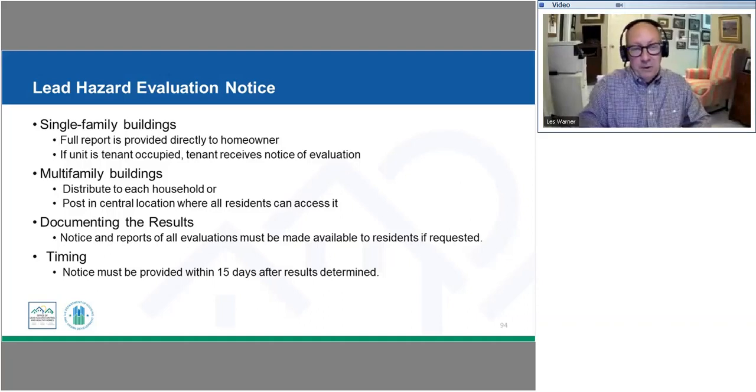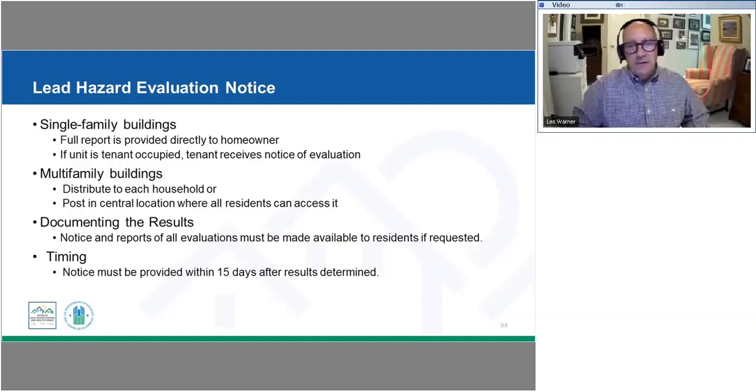If you're going to be posting it in a central area, I would want to have documentation in your file, probably some photographic evidence along with a narrative of when it was posted and where it was posted. Here's evidence of that being put in place so that you can show that you have fulfilled those requirements. And again, our timing on this is within 15 days after those results are determined.